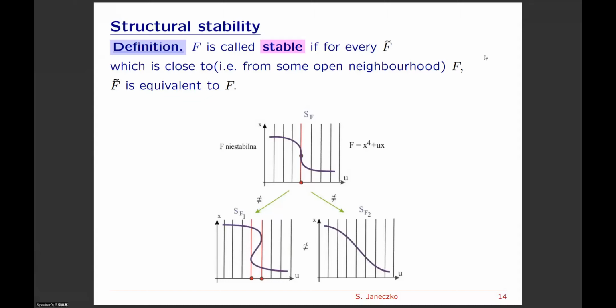So if F is stable, every F tilde from some open neighborhood is equivalent to it. Here is an example which is not equivalent: it's not stable. A very small perturbation can give this one or that one, which are not equivalent. So this object is not stable.